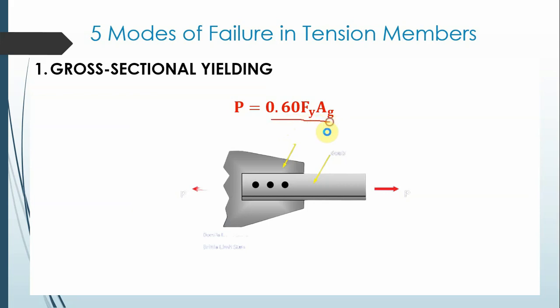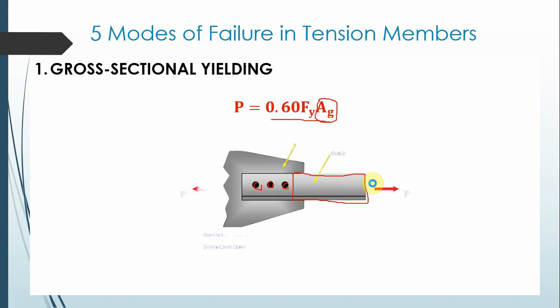This is the formula here, and we all have to know what A sub G is all about. A sub G is our cross-sectional area, and it refers from this region to this region here. As long as there are no bolt connections or rivets, that will be considered as our cross-sectional area.